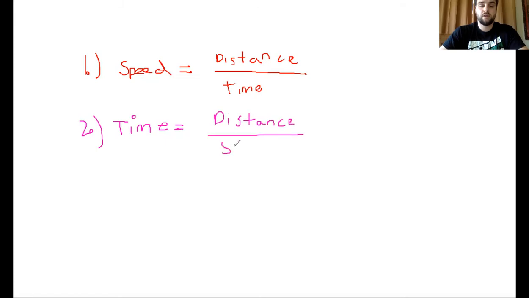Once again, how fast you're going. So far we have our speed, we have our time, and then our last one is going to be our distance. So how far in length it is to get somewhere. So distance.